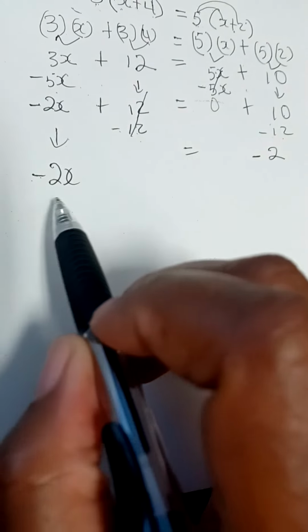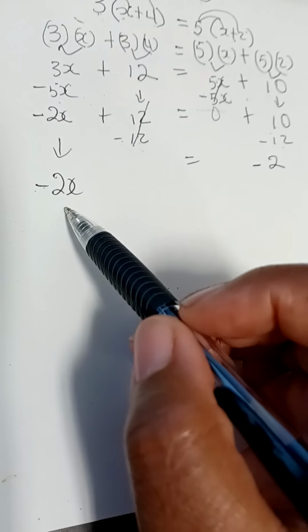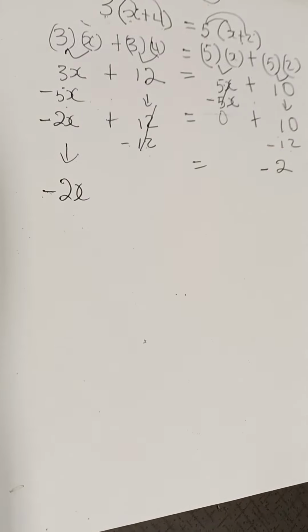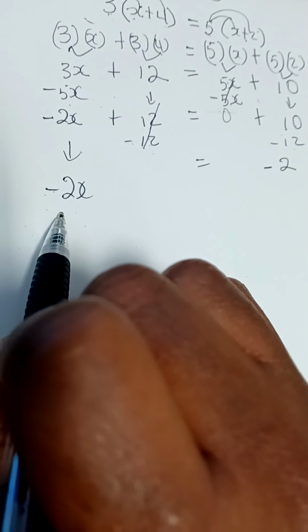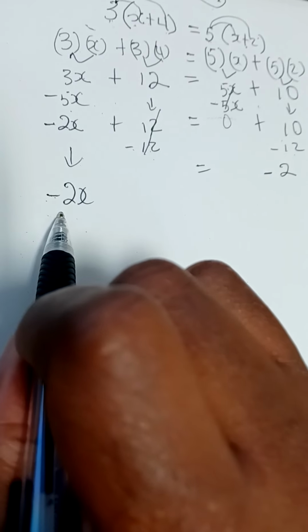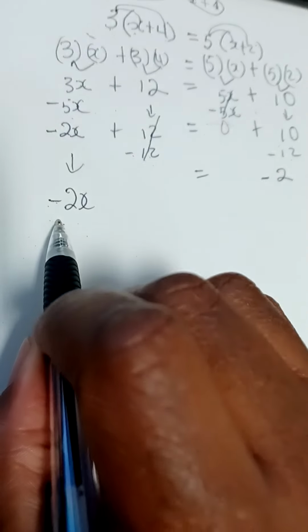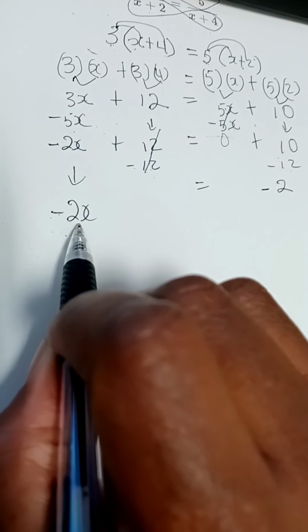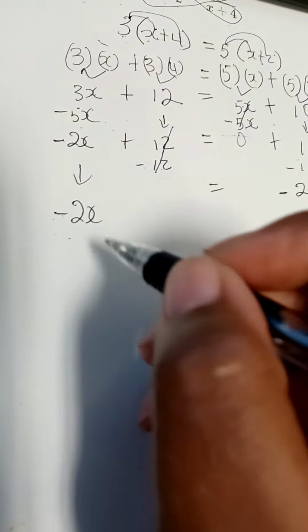So now we have negative 2x is equal to negative 2. This is negative 2 times some number x, so we know that this is a multiplication. In order to isolate x, or solve for x, we have to divide both sides by negative 2. Why are we dividing by negative 2? Because 2x means 2 multiplied by some number, so we're going to undo the multiplication.